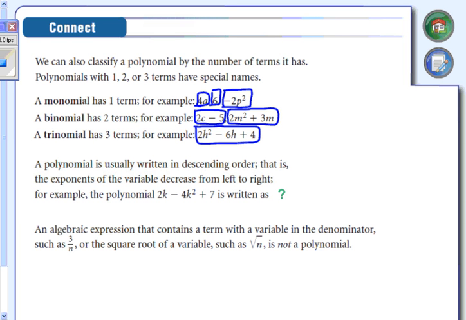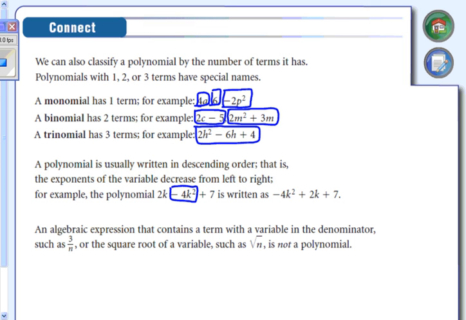So usually we write them in descending order. If I look at this polynomial, 2k minus 4k squared plus 7, we would usually put the largest power first. So we would rewrite it like this. Negative 4k squared. Now why the negative? Well, remember, we're subtracting that 4k squared.